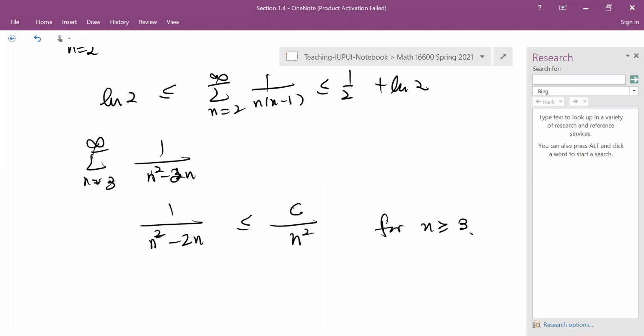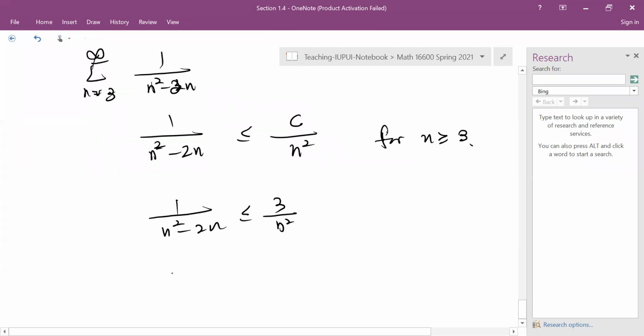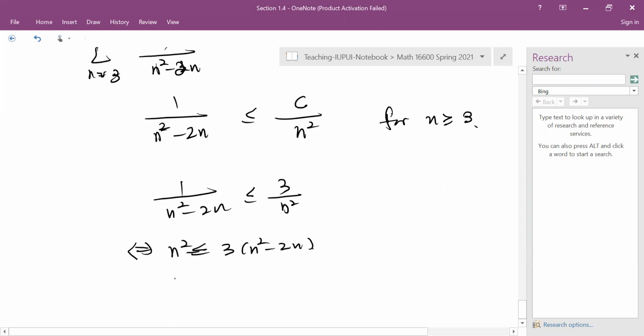If you put a 3 on the top, then this n must be greater than or equal to some other number. So try this 3. If you try 3, then you'll get n squared less than or equal to 3 times n squared minus 6n.